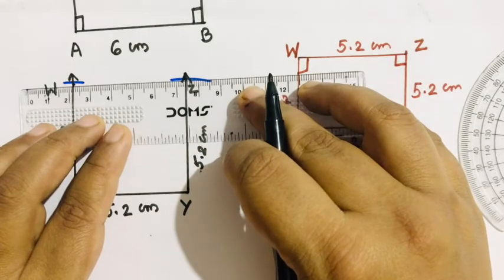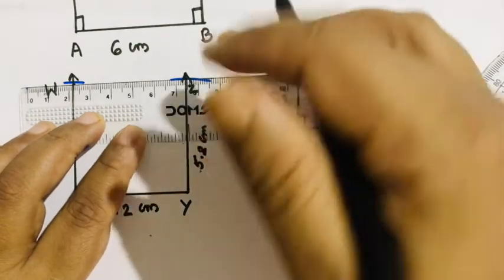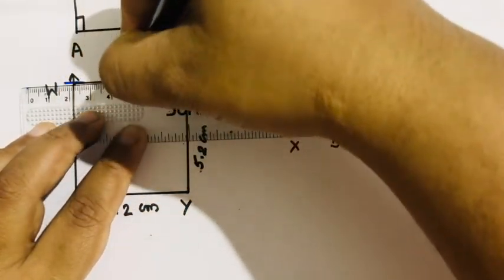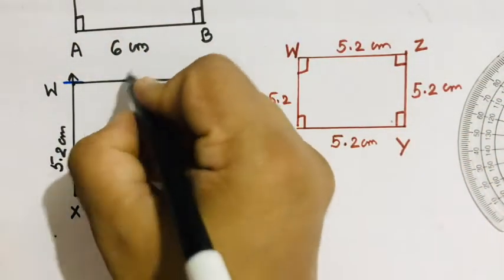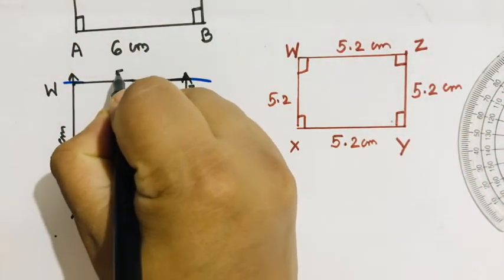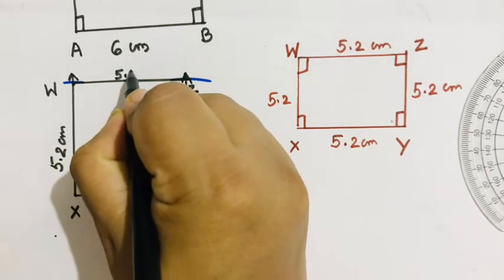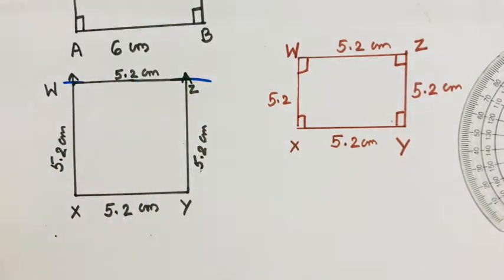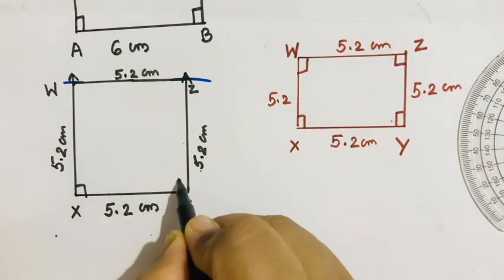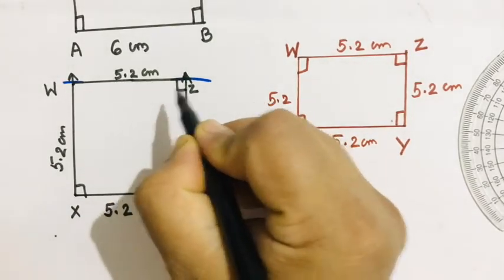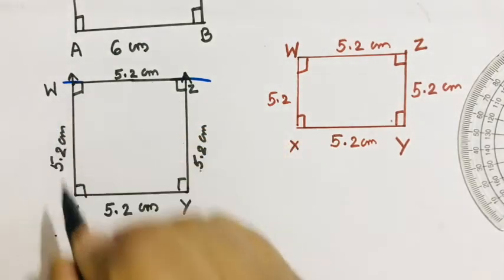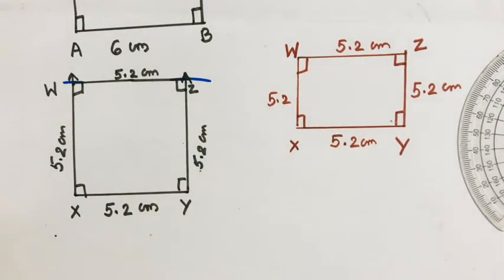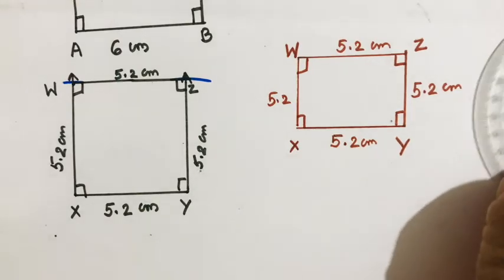Join WZ. This is your required square XYZW. Now question number 3.